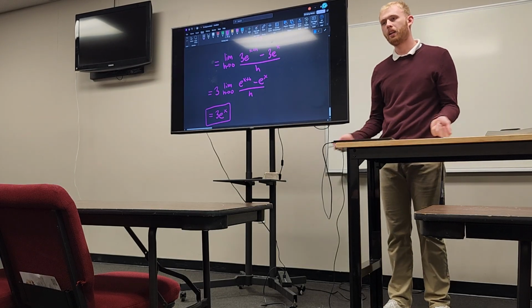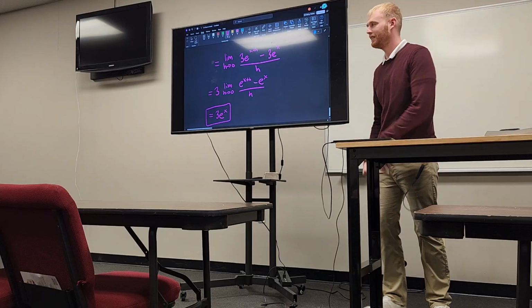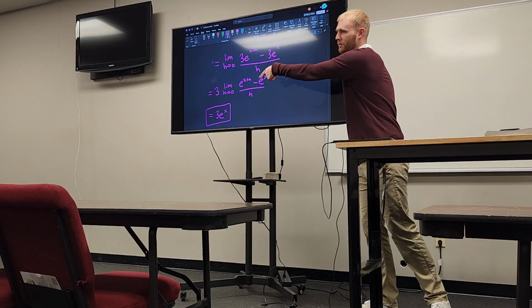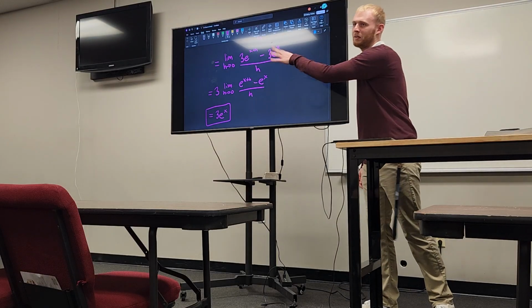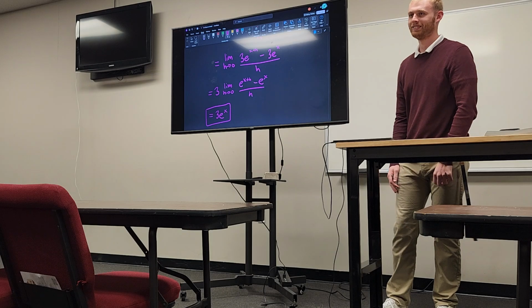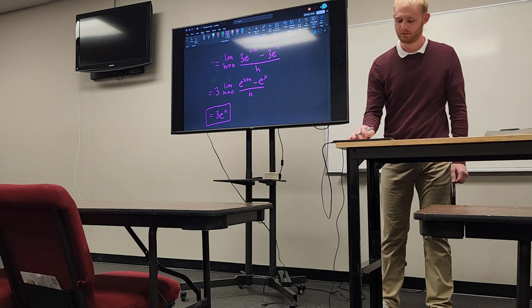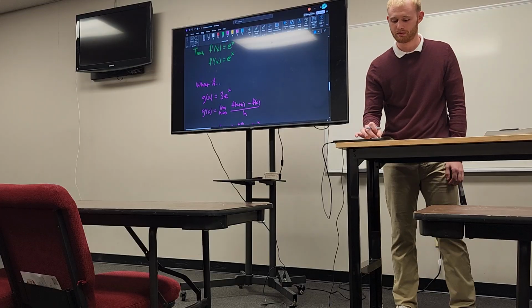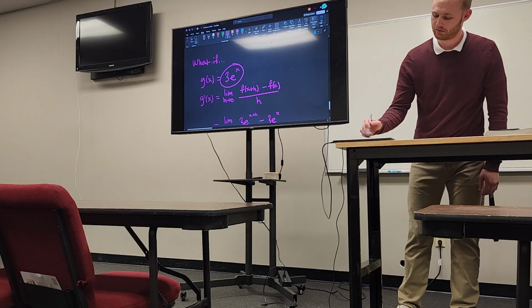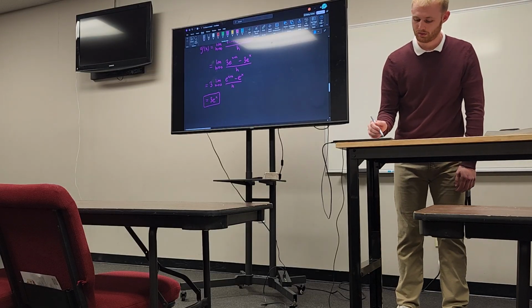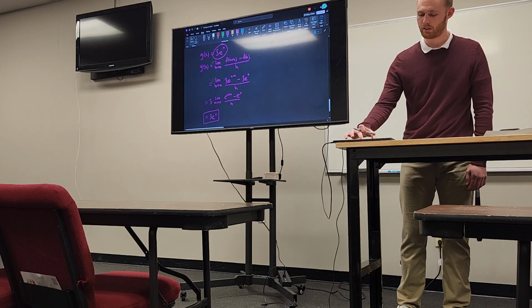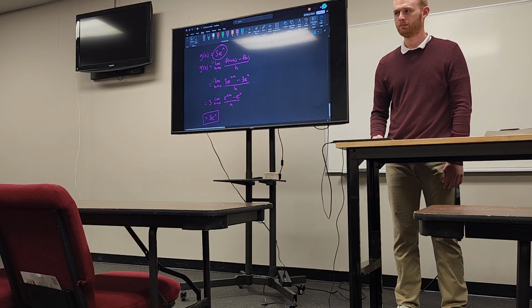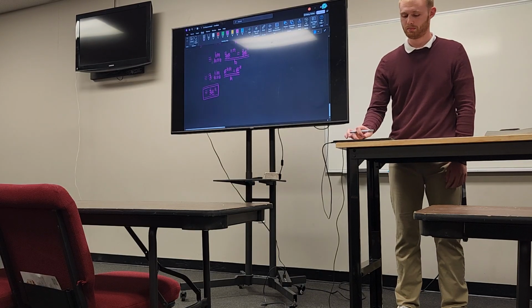Because we can factor out that 3 all the way out, there's the derivative of e to the x. I don't have to recalculate it, it's just e to the x. And what was the function we started with? 3e to the x. And there you go. The derivative of 3e to the x is 3e to the x.